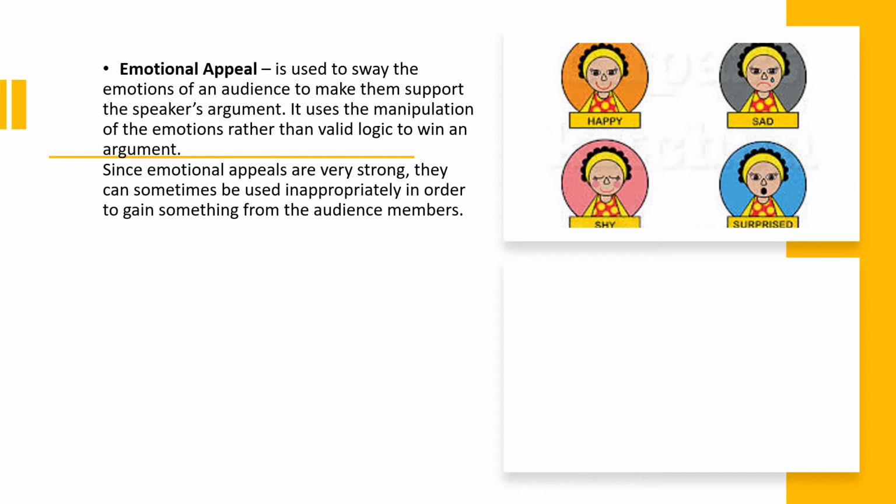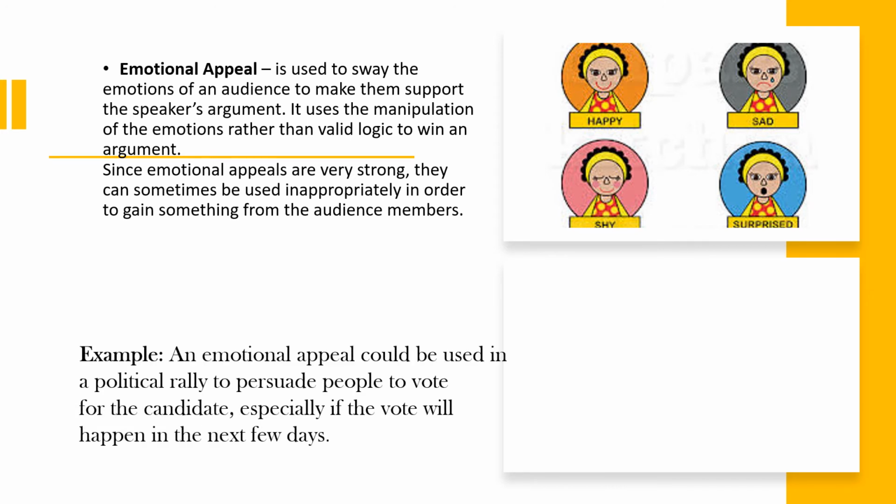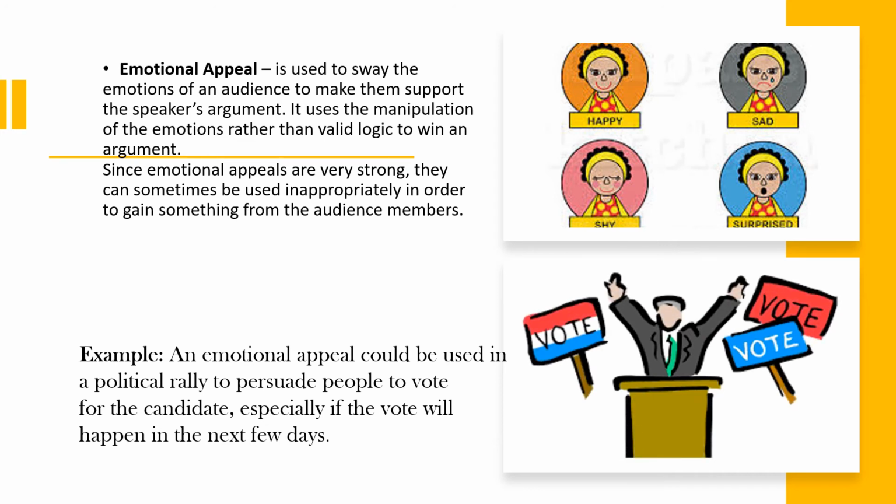Since emotional appeals are very strong, they can sometimes be used inappropriately in order to gain something from the audience members. Example: an emotional appeal could be used in a political rally to persuade people to vote for the candidate, especially if the vote will happen in the next few days.